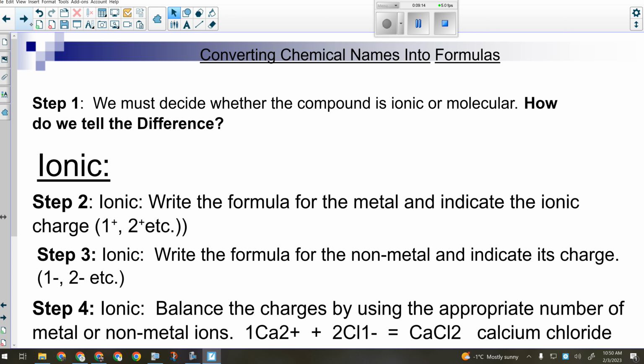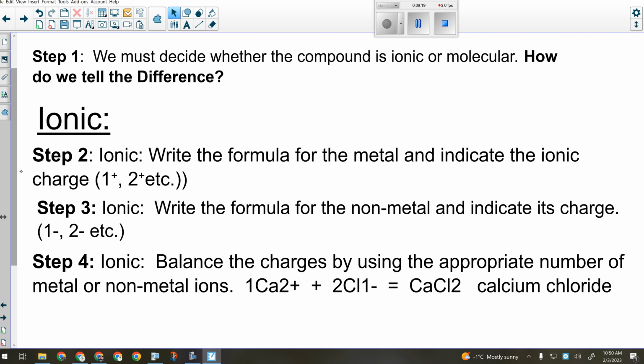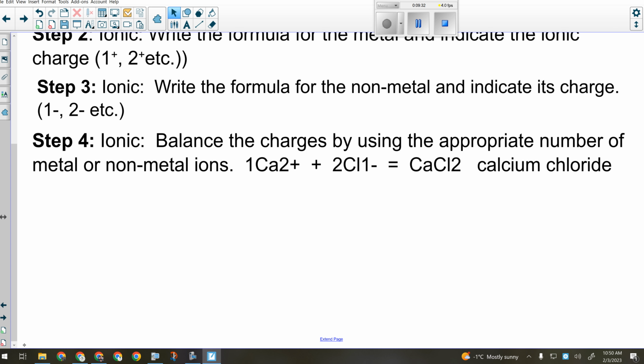So our steps for writing the formulas are: we first write the formula for the metal, then we write the formula for the non-metal, and we put the charges up above. Then we drop and swap, and we'll get the appropriate numbers. So let's say I was given the name magnesium nitride.